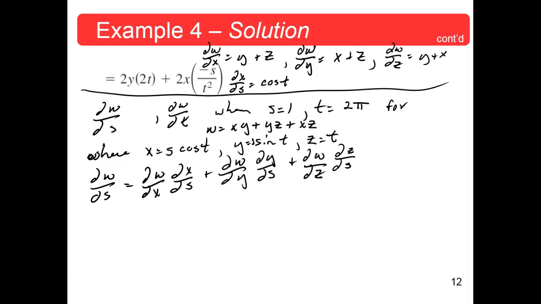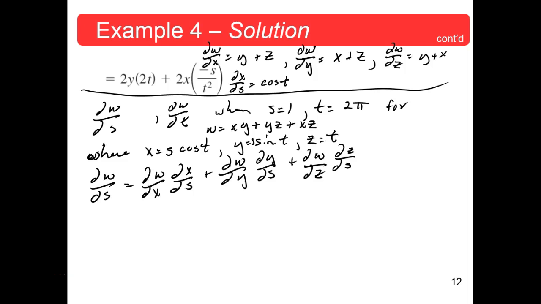That to me should be the very last thing they tell you. For W equal to xy plus yz plus xz, when x is equal to s cosine t, y is equal to s sine t, and z is equal to t, then I would have put s equals 1 and t equals 2 pi.